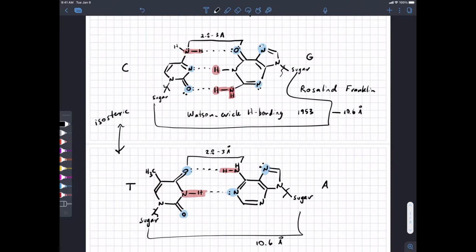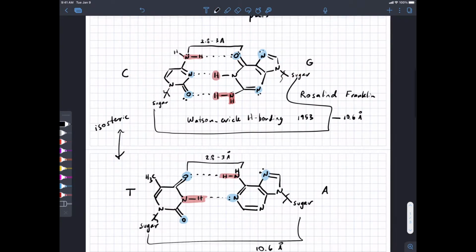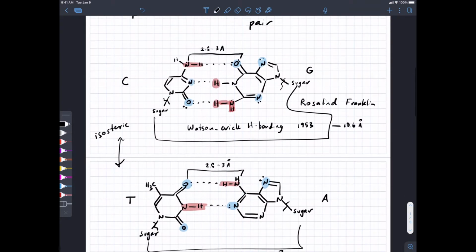So it's important that these two types of pairs and then the corresponding ones, what we haven't drawn is a GC pair and an AT pair, but they're going to be the same as the CG pairs and the TA pairs. It's important that those all be isosteric. They fill the same amount of space. They're sort of interchangeable cassettes in the structure of DNA.